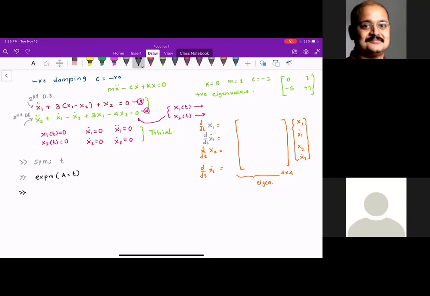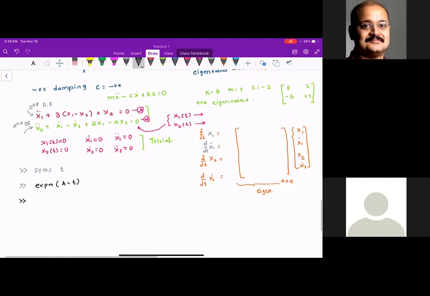This is the only thing that you should remember from your differential equation class. If you don't believe me, what I want you to do is assume if your A is say 0, 1, K by M, 0.